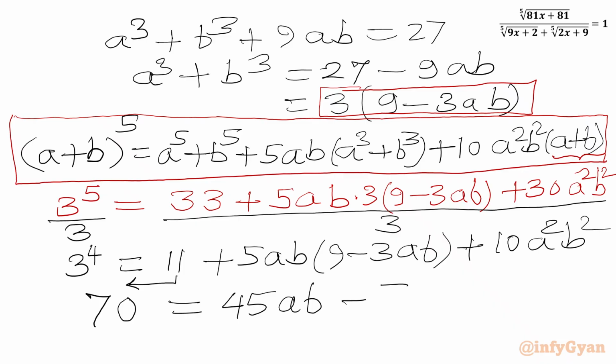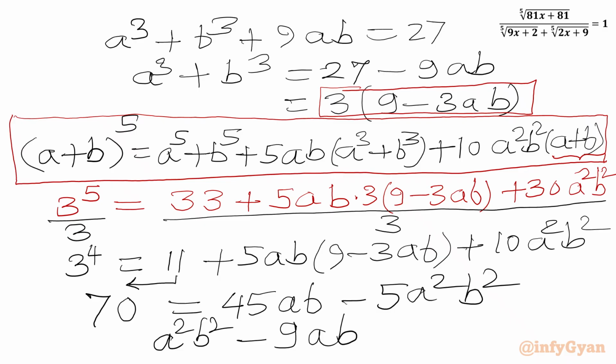So we can write minus 5A square B square. Now this equation is divisible by 5 and we will take all the terms to one side. We will get a quadratic in AB. If I write directly, A square B square minus 9AB plus 14 equal to 0.